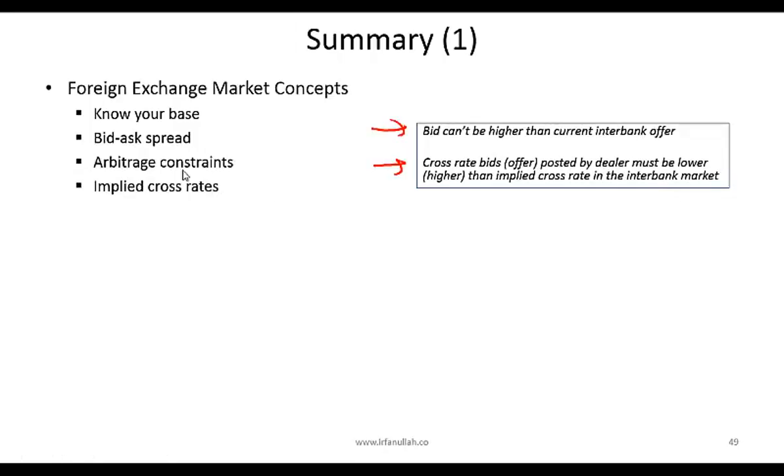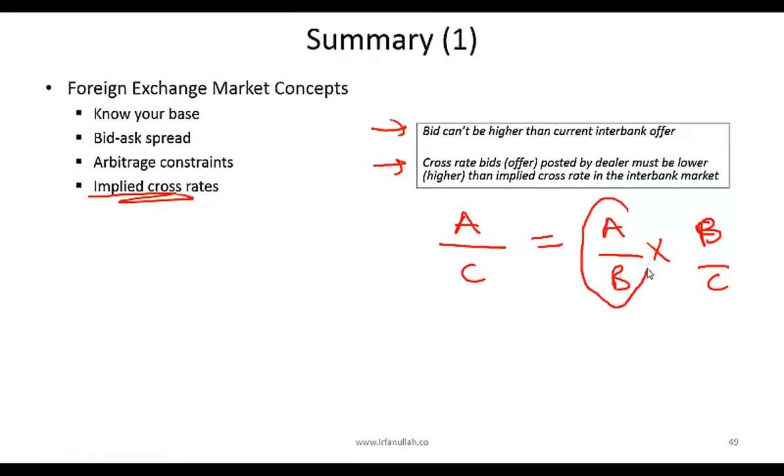So this brings us to the question, what is an implied cross rate? The simple answer is this. Let's say you have currency A and currency C, and say that these currencies are not heavily traded. Then you can have a relationship like this: A over B multiplied by B over C. Let's say that each of these is a commonly traded currency pair.